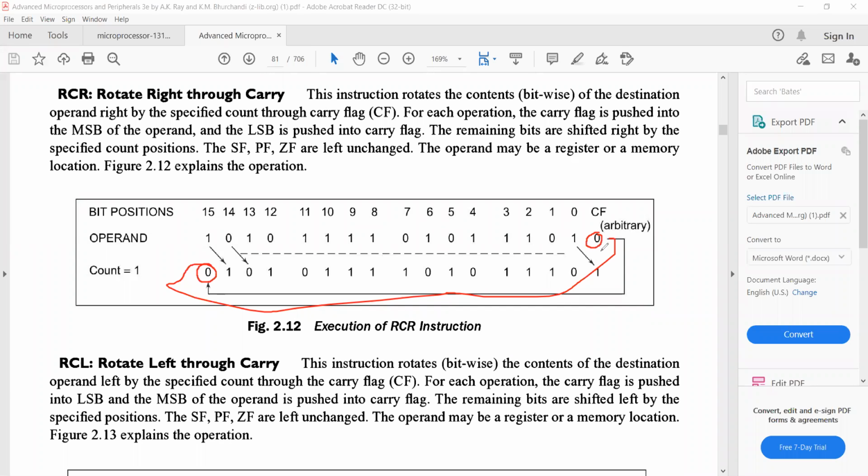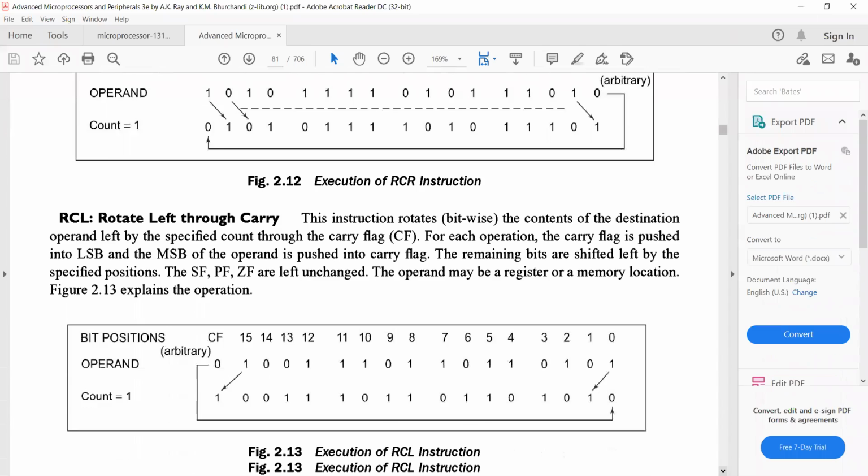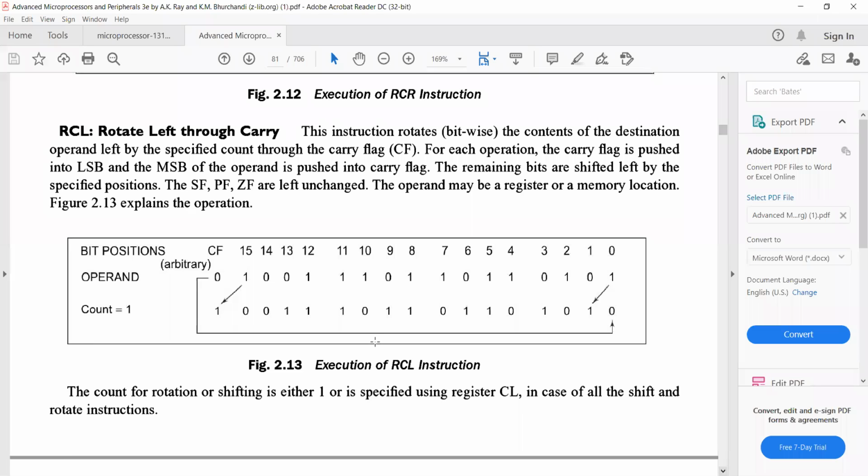When you are doing left rotation, the carry flag will occupy the LSB position. That I will also show you. See, this is the left with carry.